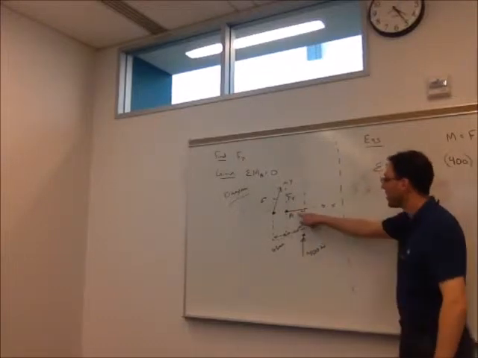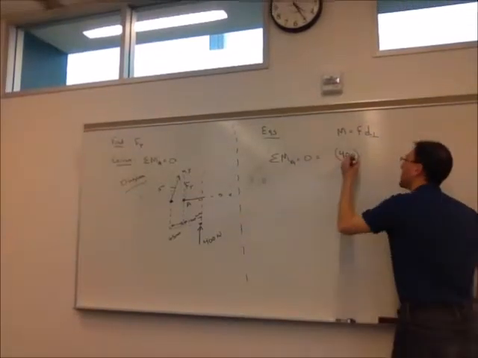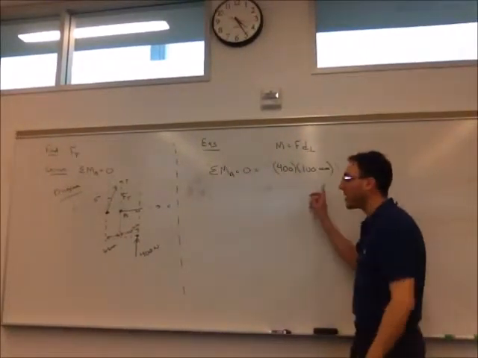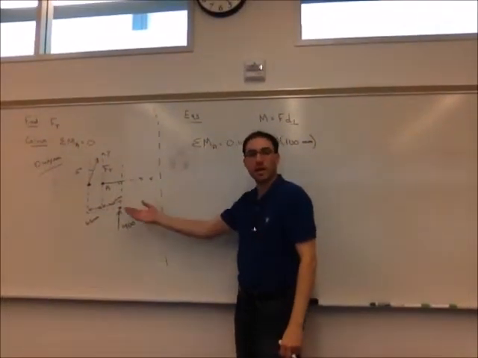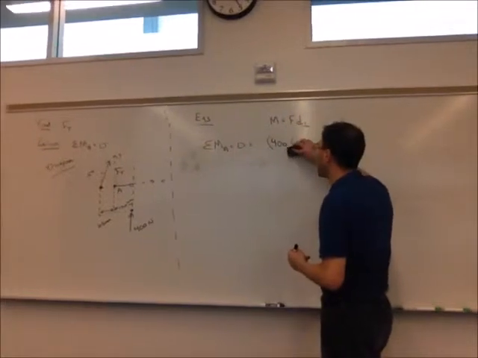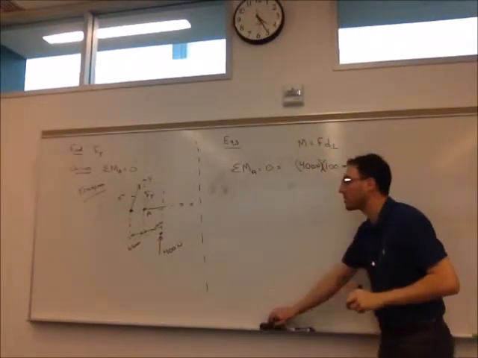This distance we're already given is 100 millimeters. So notice I'm keeping everything measured in millimeters. I'm not converting to meters. As long as I have consistent units, this is okay to do. So let me rewrite this as 400 newtons times 100 millimeters.